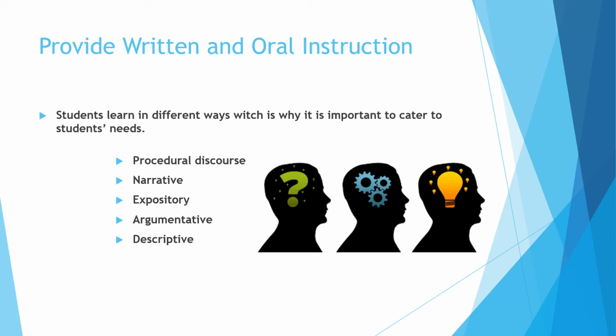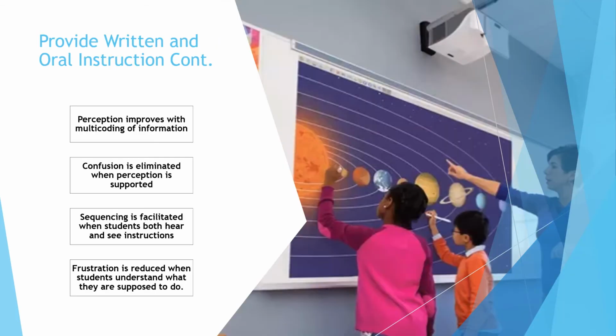By providing written and oral instruction, every student is given the proper tools to be able to understand. Providing oral and written instructions helps students with ELN succeed because perception improves with multi-coding information.